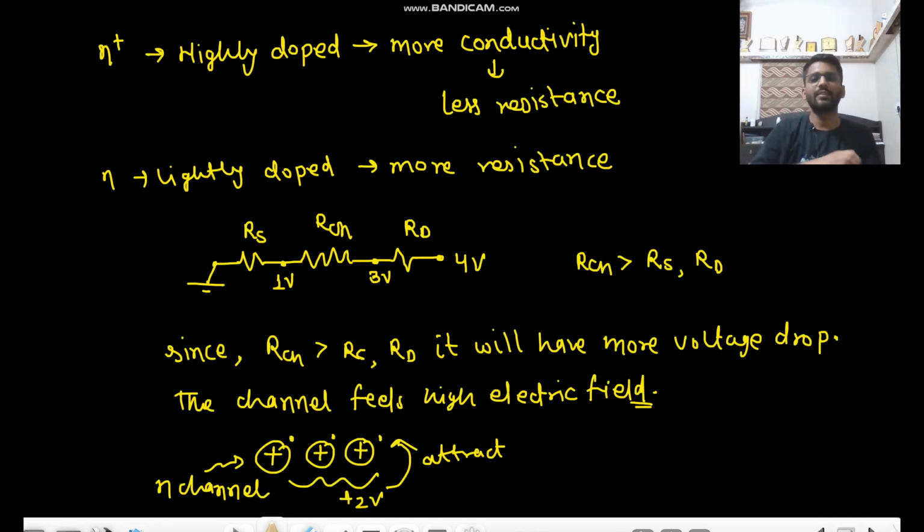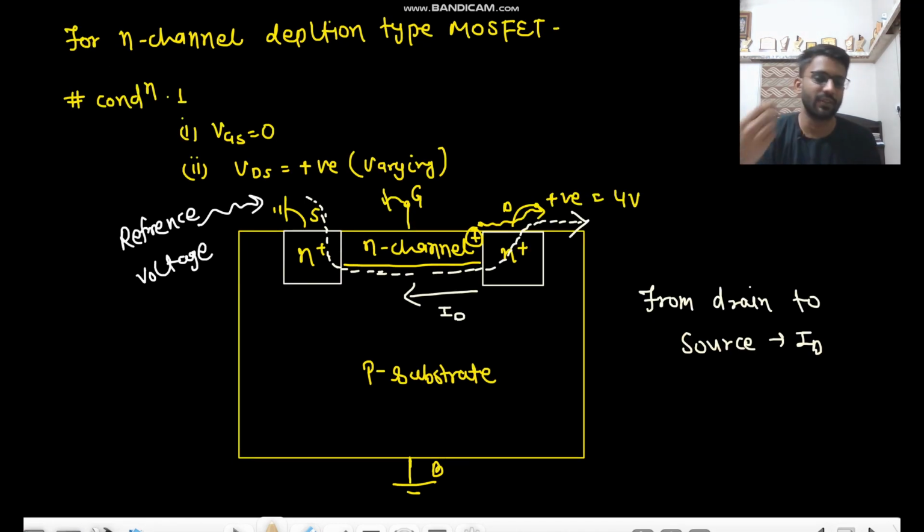Till this point I guess all of you have understood. The N plus is highly doped, more conductivity, less resistance. N is lightly doped, less conductivity, more resistance. So a high voltage or high electric field is generated across the N channel. That will attract the electrons and the electrons will move towards the drain. So that's how the current flows, okay?